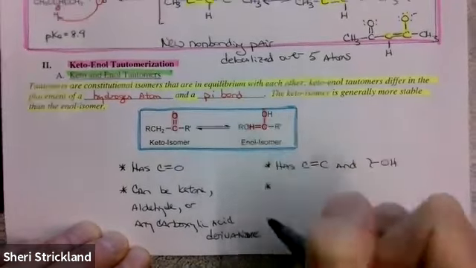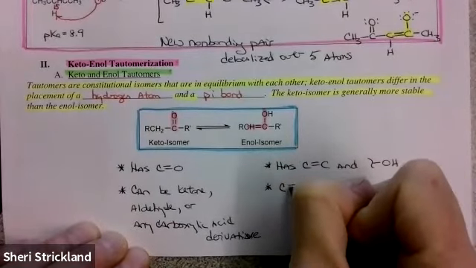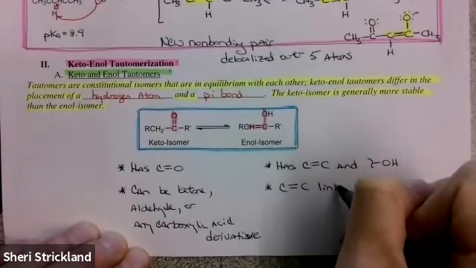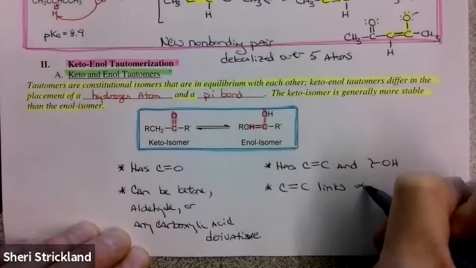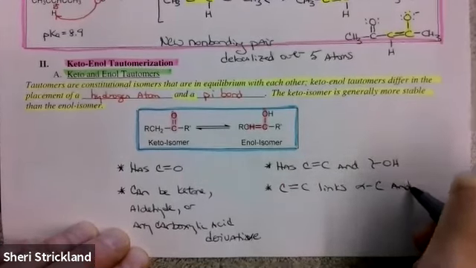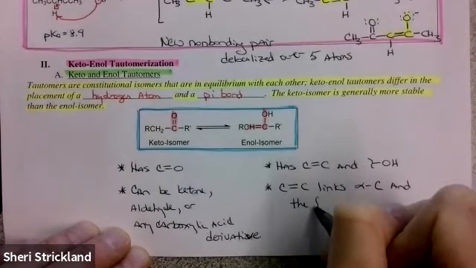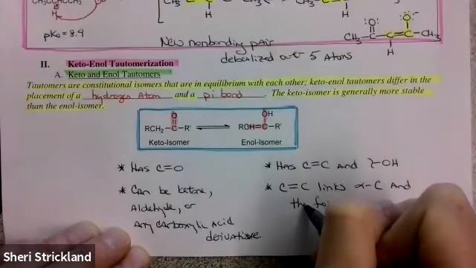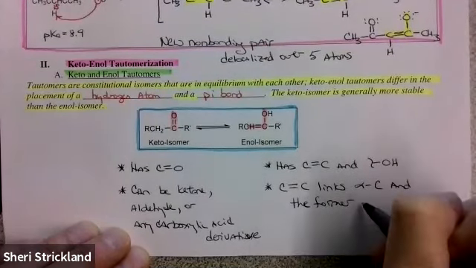They share a carbon, and the carbon-carbon double bond links the alpha carbon and the former carbonyl carbon, the carbon that was in the carbon oxygen double bond.